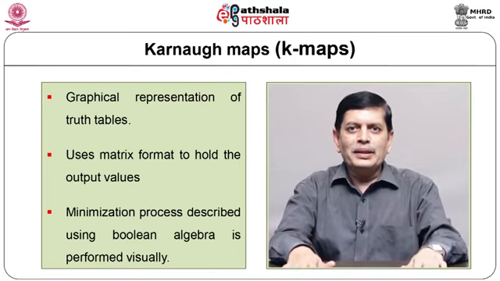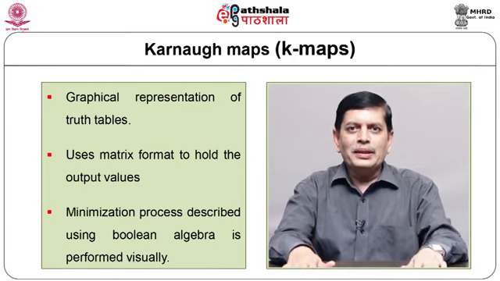Let us now begin the Karnaugh maps by preparing a K-map of 2 variables. The ordering of variables is most important. For example, in a function of 2 variables x1 and x2, x1 is the row and x2 is the column as shown in the diagram. Cell 0 represents x1 bar, x2 bar. Cell 1 represents x1 bar, x2.